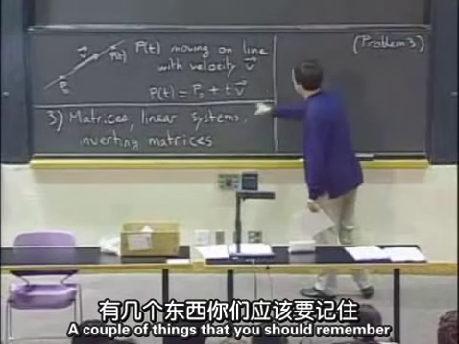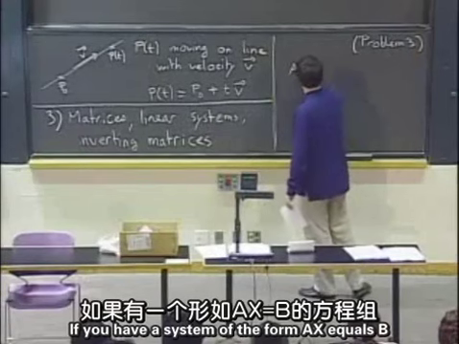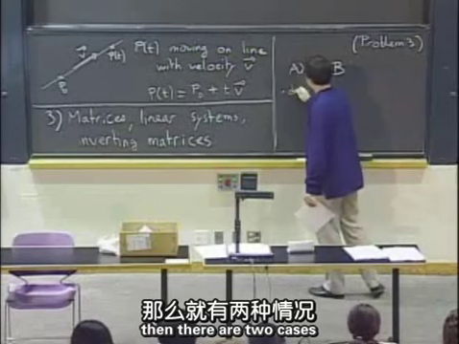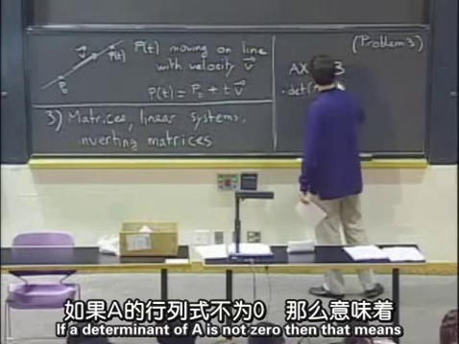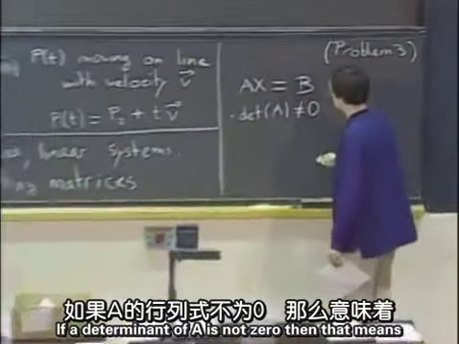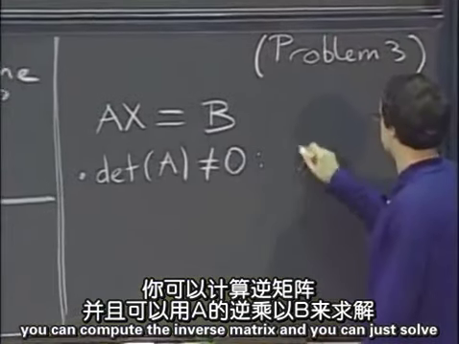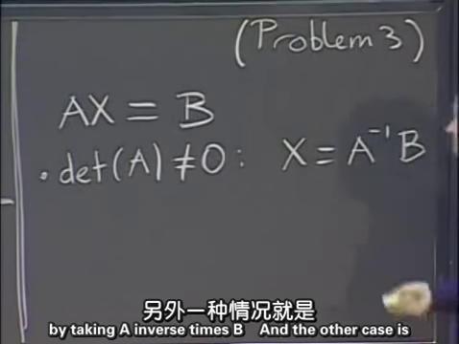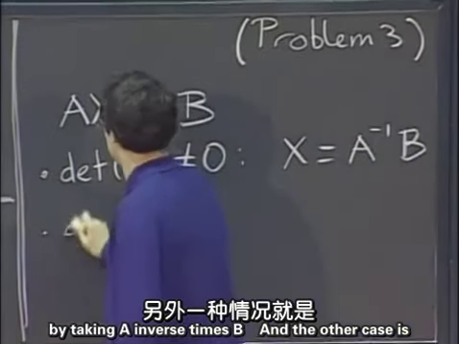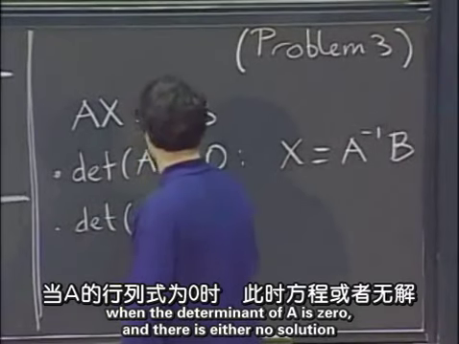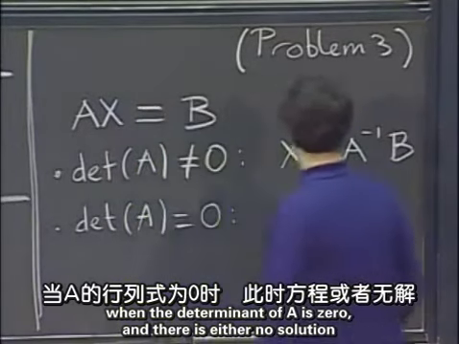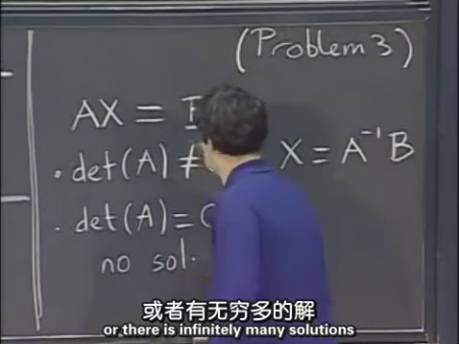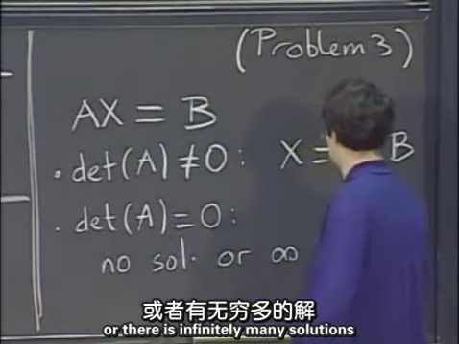A couple of things that you should remember. If you have a system of the form AX equals B, then there's two cases. If the determinant of A is not 0, then that means you can compute the inverse matrix, and you can just solve by taking A inverse times B. The other case is when the determinant of A is 0, and then there's either no solution or there's infinitely many solutions.